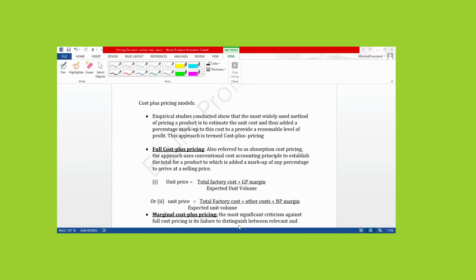These factors include the company's corporate objective. One, we explained this last week. The corporate objective of a company will influence selling price.